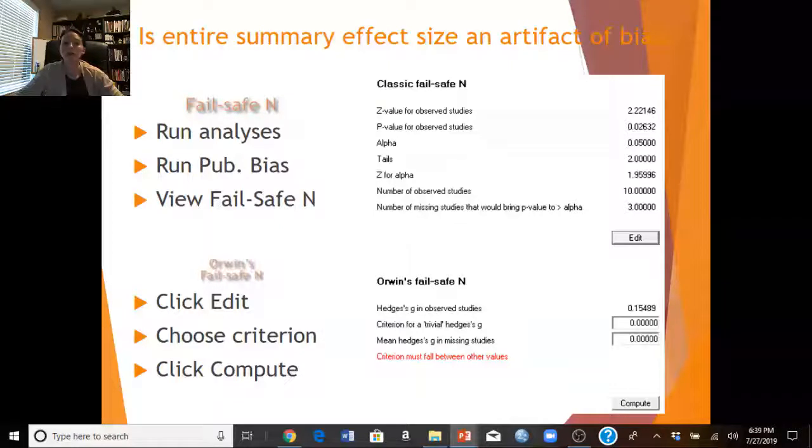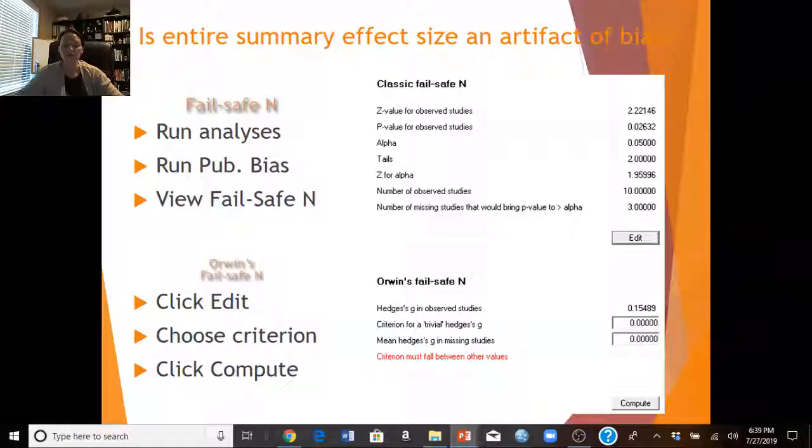And so when doing an Orwin's, we have to change the value for one of these 2 values here at the bottom, the criterion for a trivial Hedges g or the mean Hedges g in missing studies. I actually suggest that you change the criterion for the trivial Hedges g. Getting all the way down to 0 would definitely be a trivial Hedges g because it would have absolutely no effect.